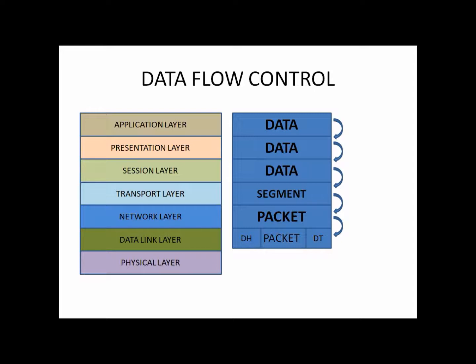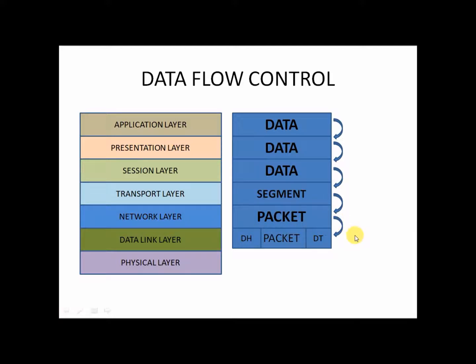So there you can see the data that was being transferred from the application layer to the presentation layer, then presentation to session, then transport, having a transport header, making it a segment. Then the segment was further transferred to the network layer and converted into a packet.